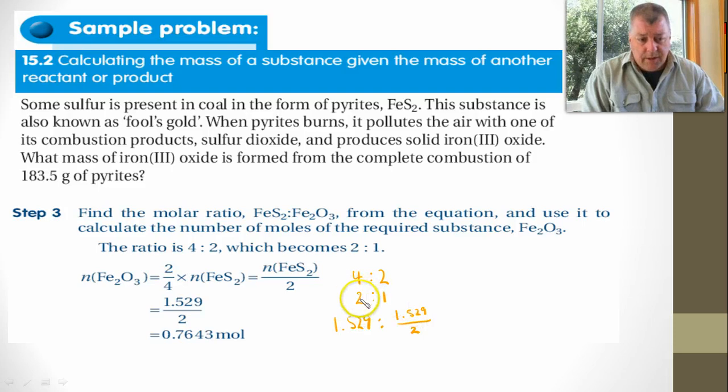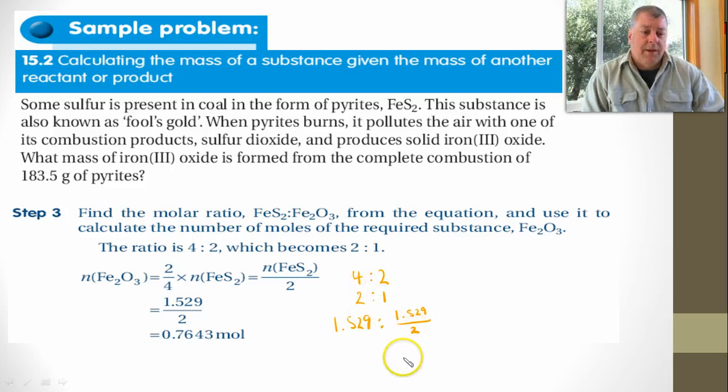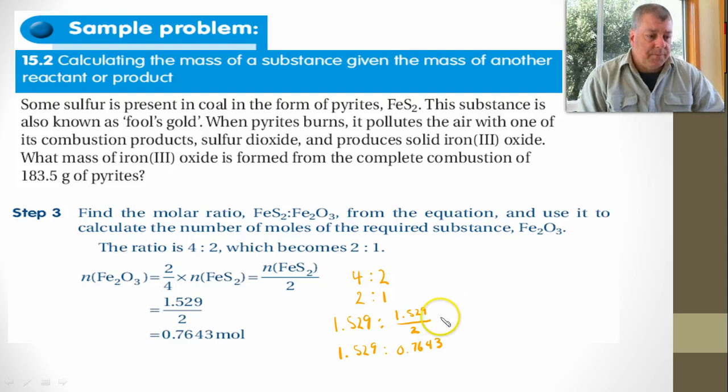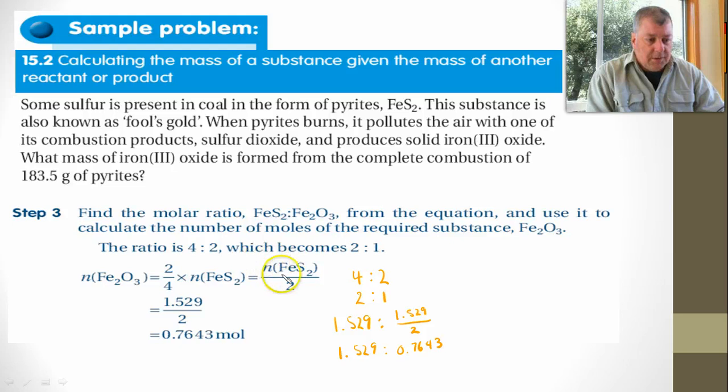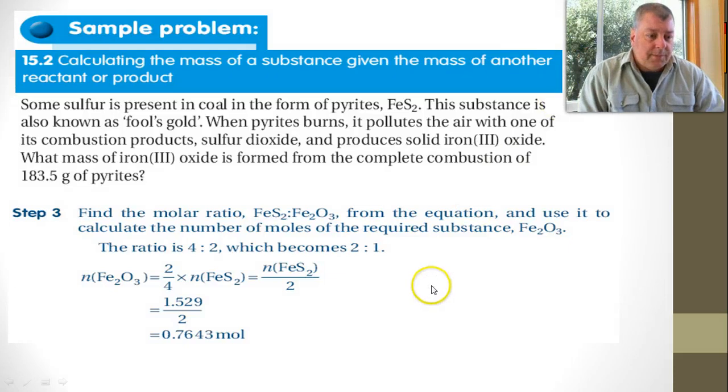So we divide by what we're given there, half of it basically, and so that becomes 1 to 1.529 to 0.7643. Notice all the decimal places because we want to maintain some accuracy. This is basically what they've done here in their maths sort of way. Hopefully you understand that. Let's move on.